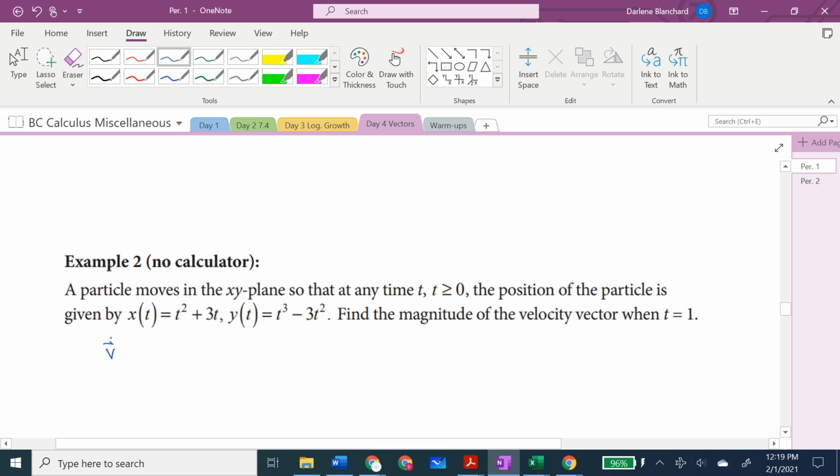My velocity vector, 2t plus 3, 3t squared minus 6t. My velocity vector at time 1.